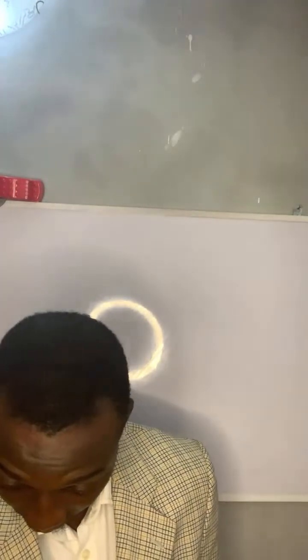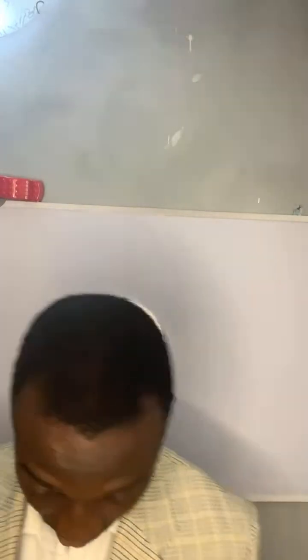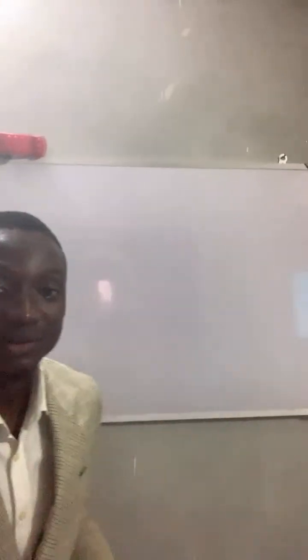I'm just trying to confirm what it's like. Let me switch out the light and see. I really want to know what this looks like from my end. Yeah, I think it's manageable this way.